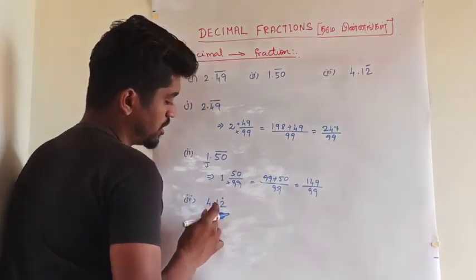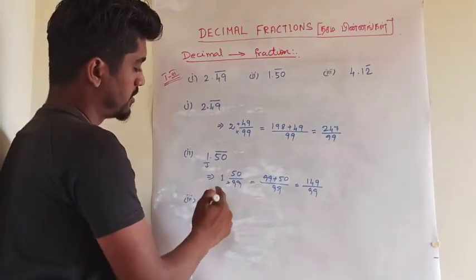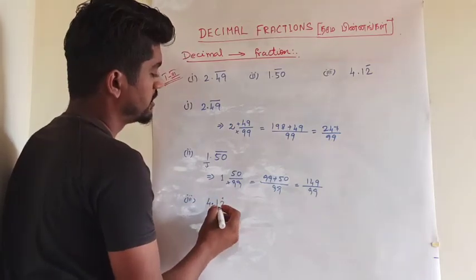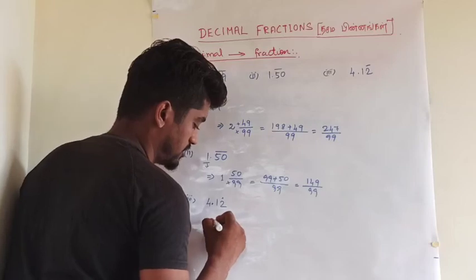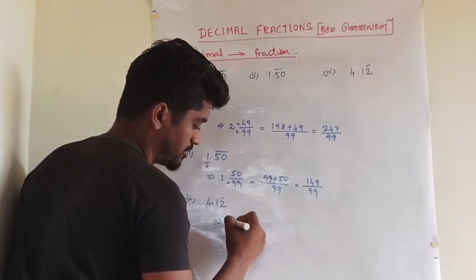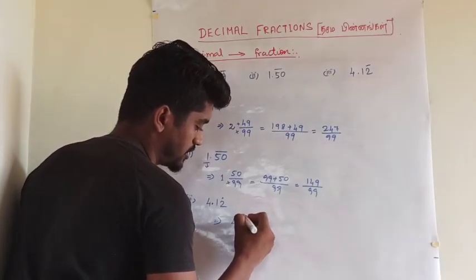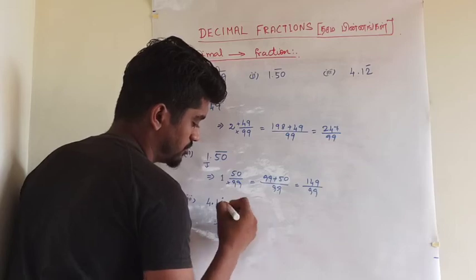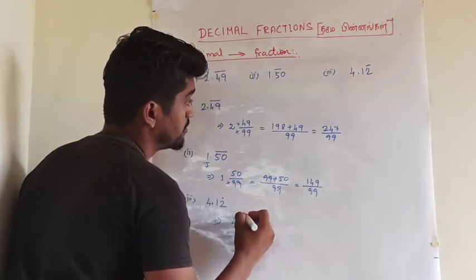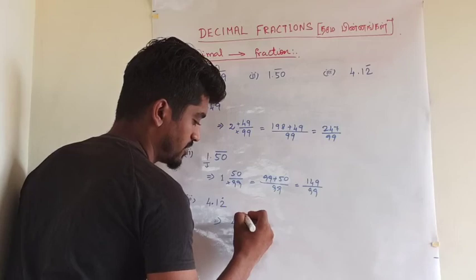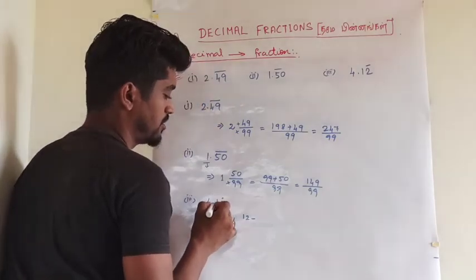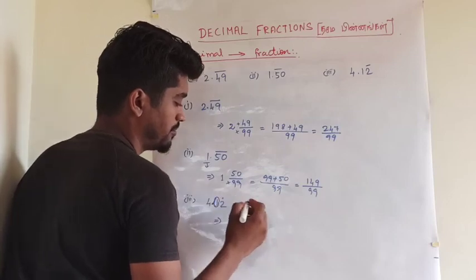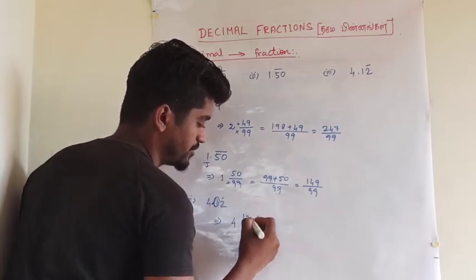And the third example is 4.12 dot. Here in the decimal value only one digit is repeated, so we have to write the whole number and convert the decimal into a fraction. We have to write 12 minus the one which is not repeated, 1.